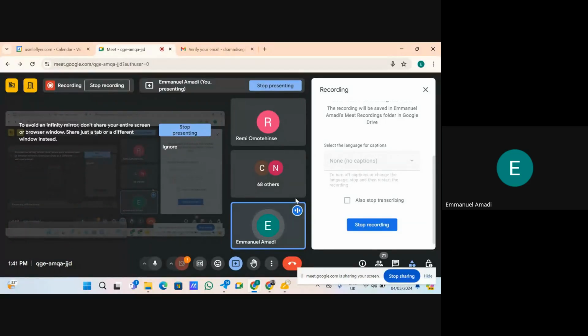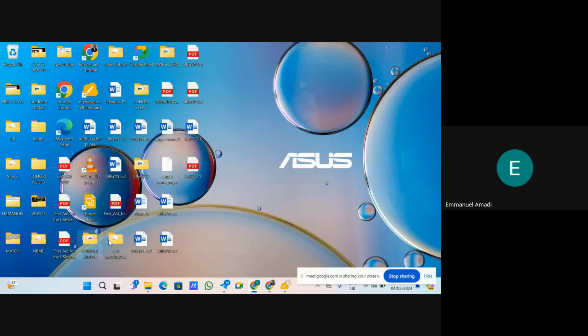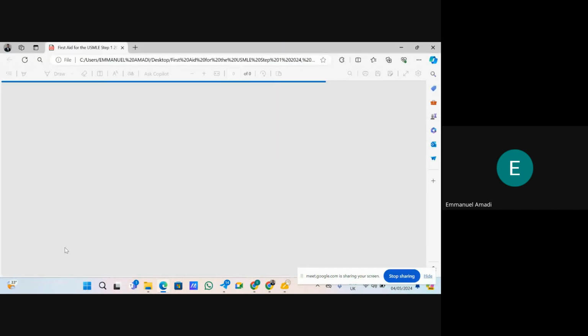It is too important, whether at the level of step one or step two. What I need you to understand is this. If they give you any cardio question, whether from your MBME, your UWorld or anywhere, and they mistakenly give you a chest examination finding with a murmur location added, forget it.